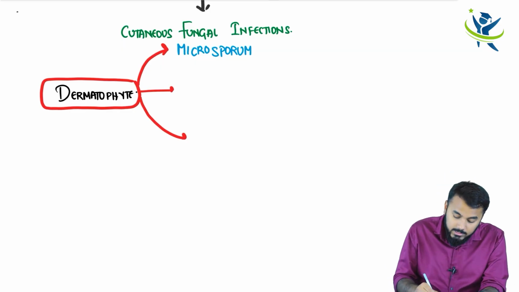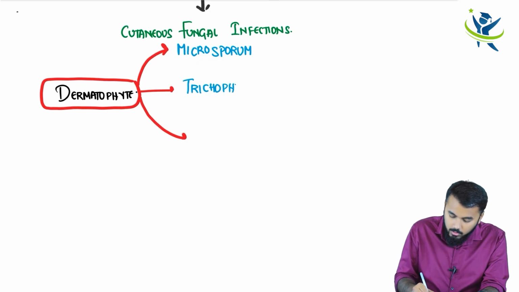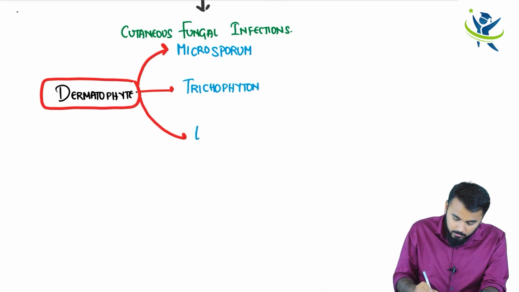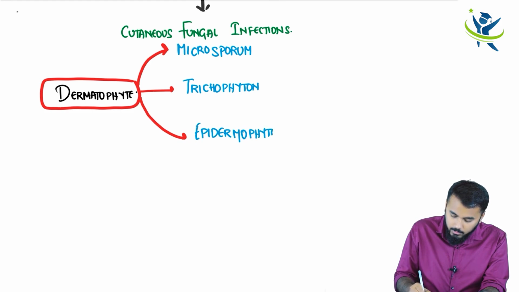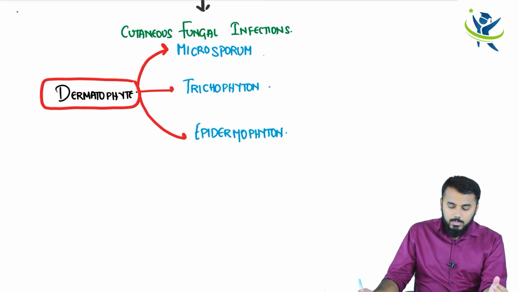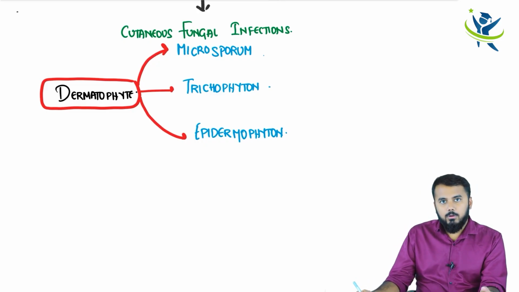Another one is called Trichophyton. And the last one is called Epidermophyton. So three of them: Microsporum, Trichophyton and Epidermophyton, right?